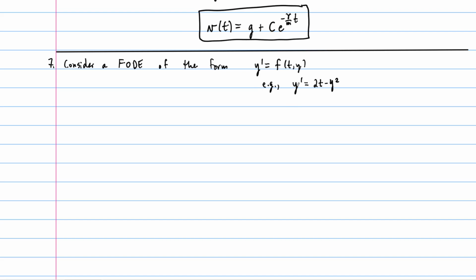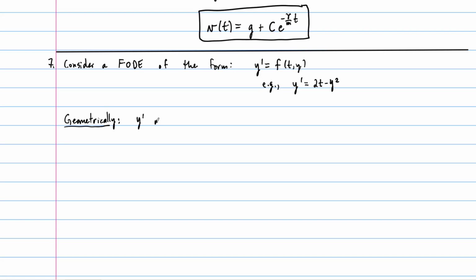In this case, how can we interpret this, right? So we'd like to interpret this geometrically. So geometrically, remember that the derivative represents the instantaneous slope of the function, or the slope of the tangent line at every point, right?